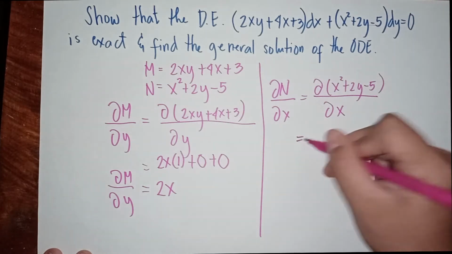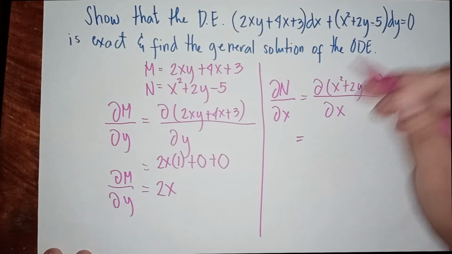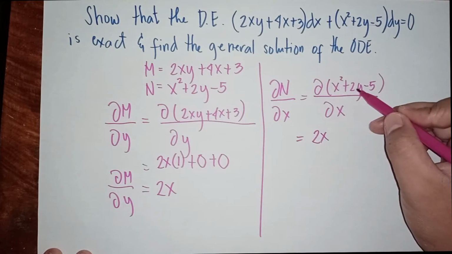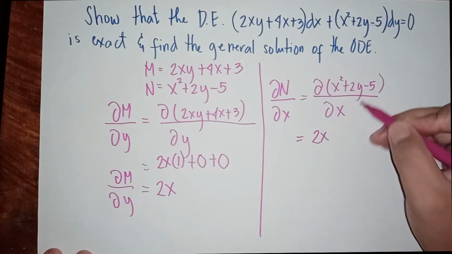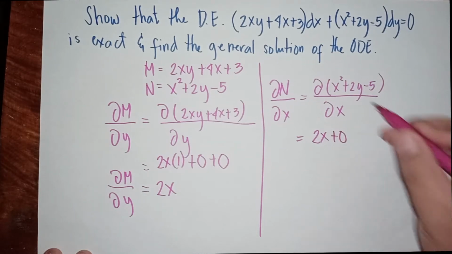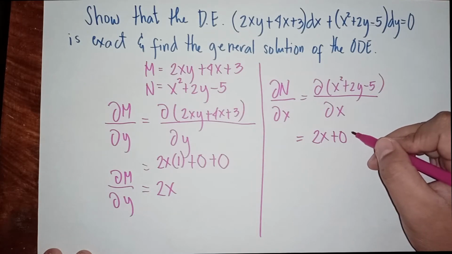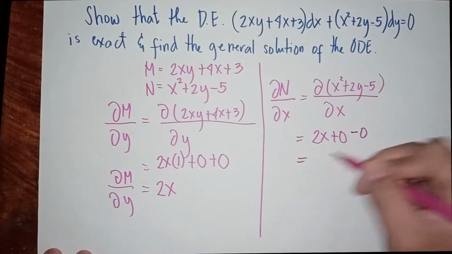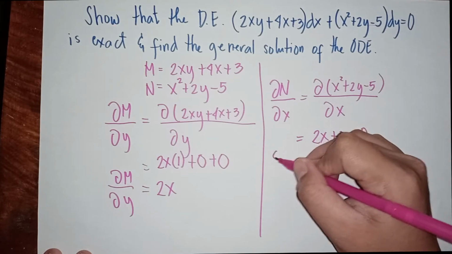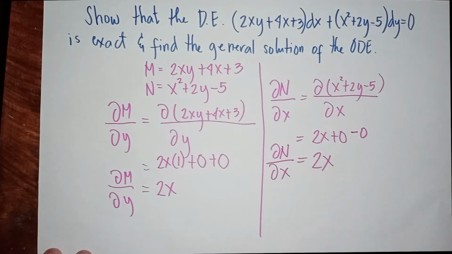The partial derivative of x^2 with respect to x is 2x. The partial derivative of 2y with respect to x is 0, since 2 and y are constant. The partial derivative of 5 with respect to x is also 0. By simplifying, the partial derivative of N with respect to x is equal to 2x.